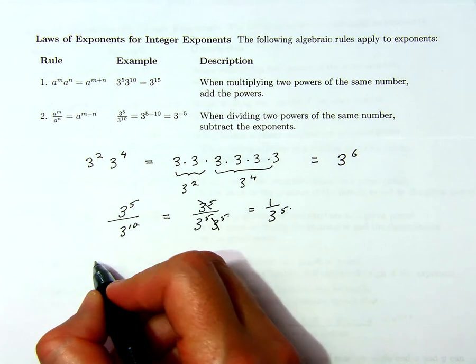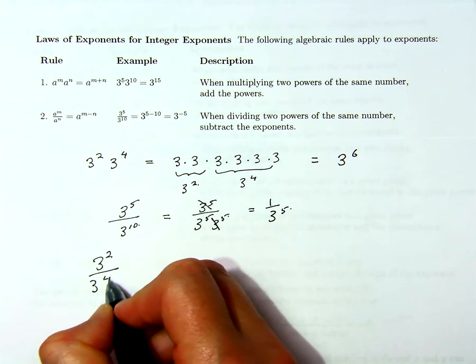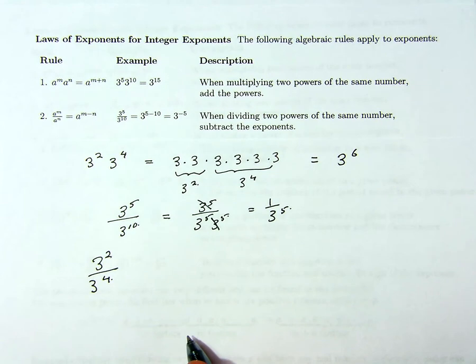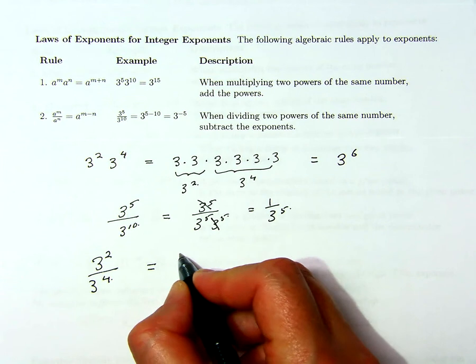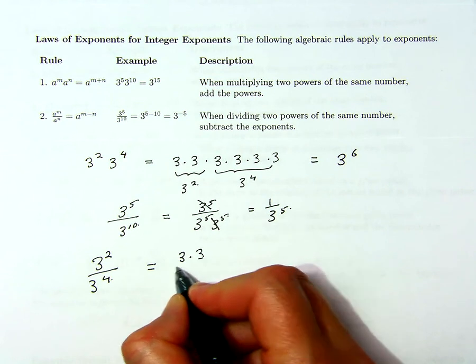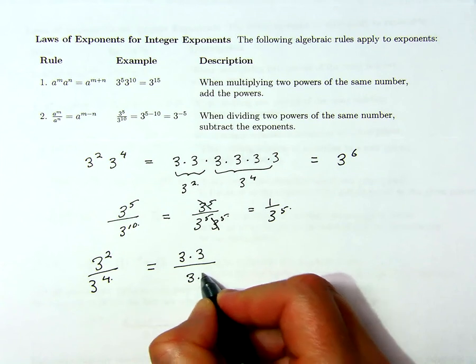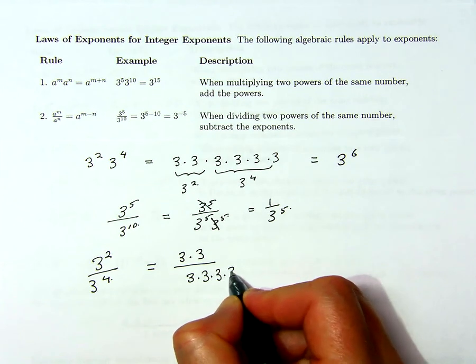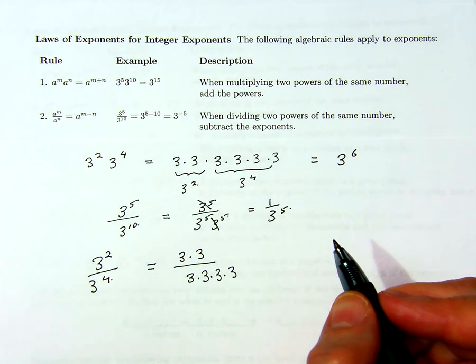Why is this rule true? Suppose I have 3 to the 2 over 3 to the 4. Why is that equal to 3 to the minus 2? Well, again, we can see this by expanding. We have 3 times 3 in the numerator, and 3 times 3 times 3 times 3 in the denominator.